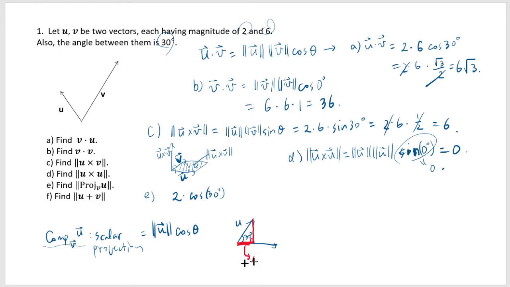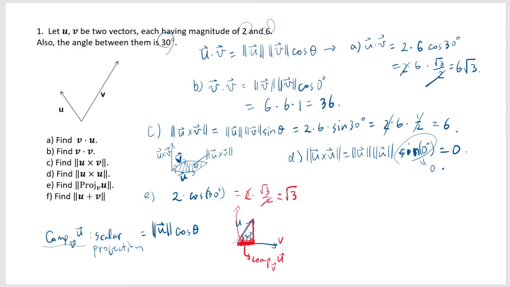This is what we call the component, if this is v, component of u projected onto v. And because we want this, you need to multiply this length times cosine of angle 30. Then you're going to get this length, right? So that's why this ends up being 2 times radical 3 over 2. So you end up with radical 3.